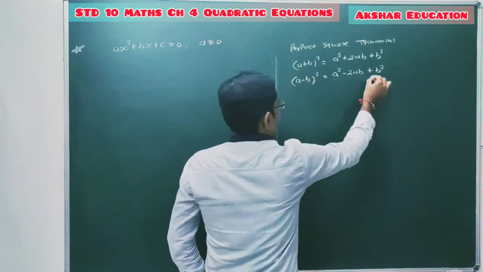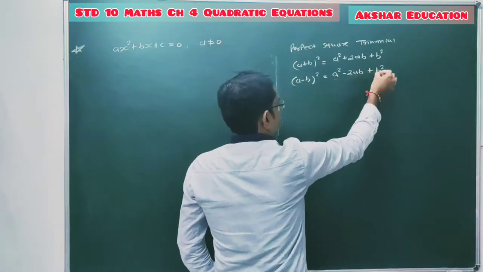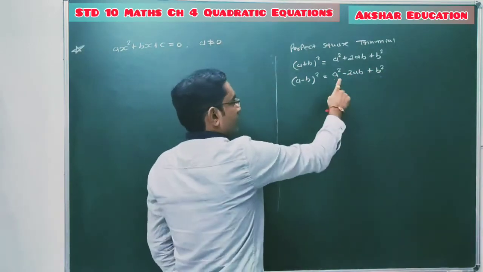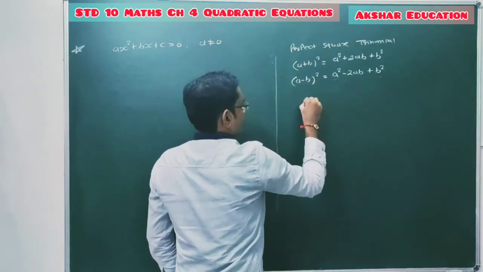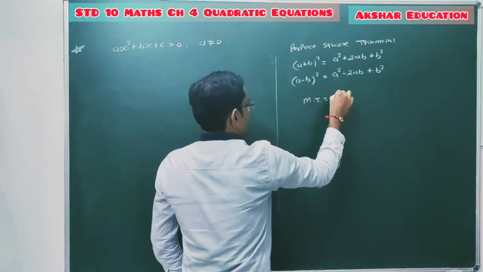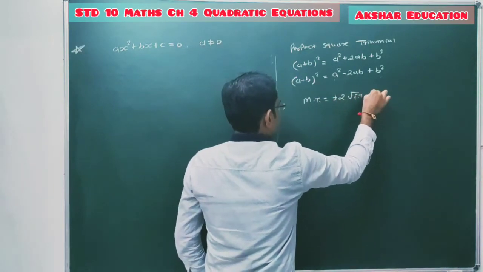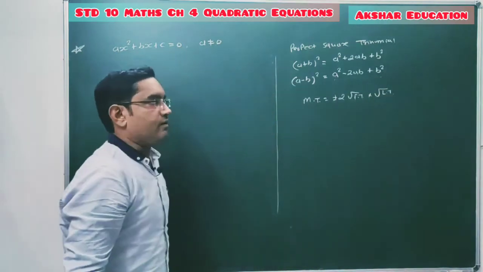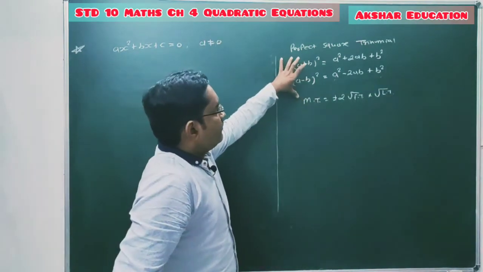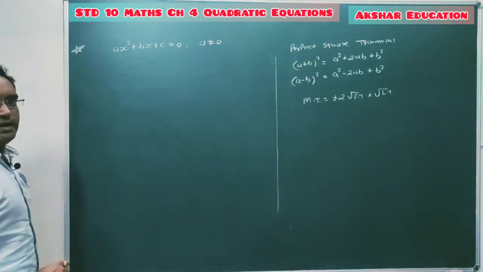So this is a perfect square trinomial in which a total of 3 terms are there: first term, middle term and last term. The first term and the last term are perfect square numbers, and the middle term is given by plus or minus 2 into the square root of the first term into the square root of the last term. That we have studied in our earlier standard. So we are making use of this perfect square trinomial for the solution of this quadratic equation.